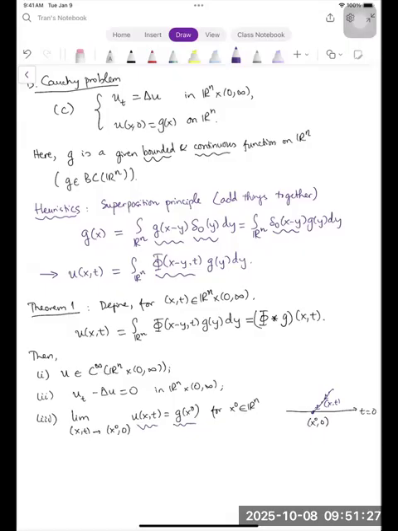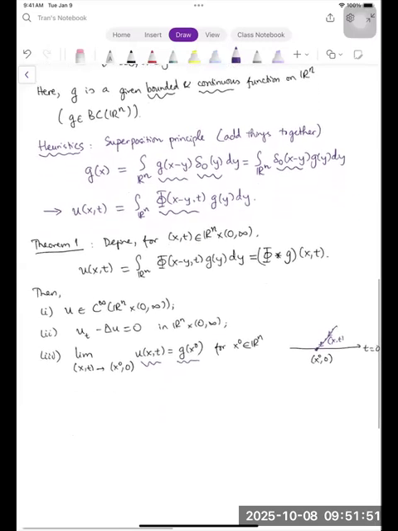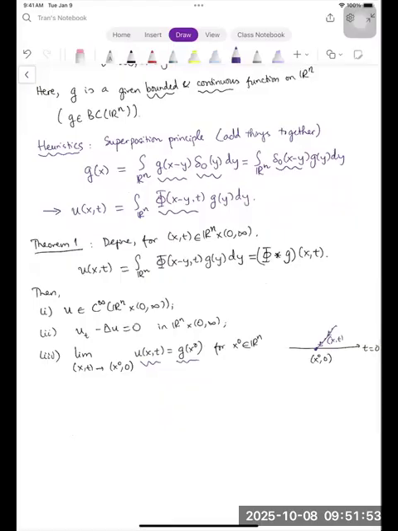I'll explain in the proof, but this comes inherently from the fact that the fundamental solution is squeezed into a Dirac delta, and hence pushes all of the mass to a point near x_0, and as (x,t) goes to (x_0, 0) we get the limit. All right, so now let's write out the proof of our theorem.